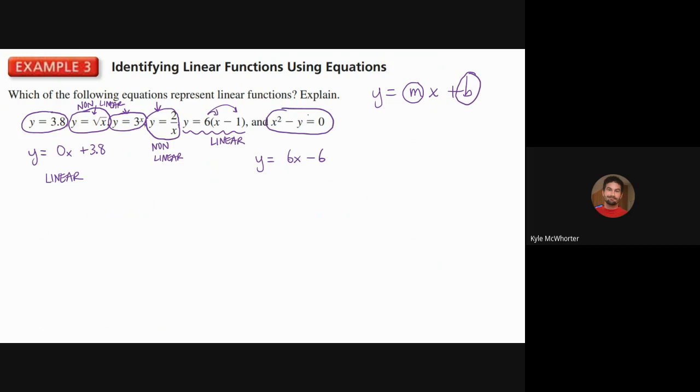We have an x squared, so that tells us it's non-linear. So let me circle the linear ones in red. Those two are linear, the rest of them are non-linear.